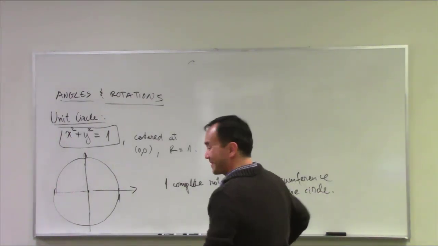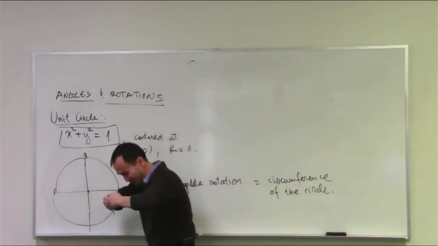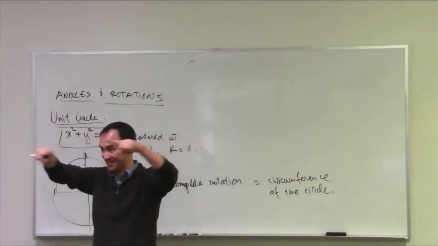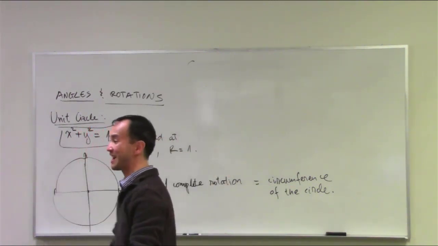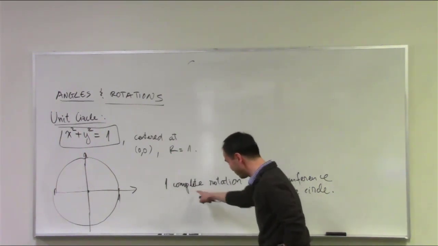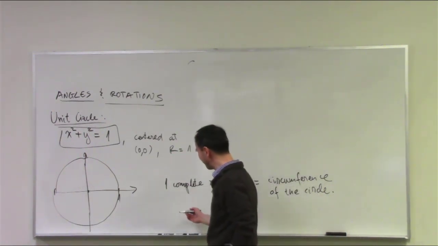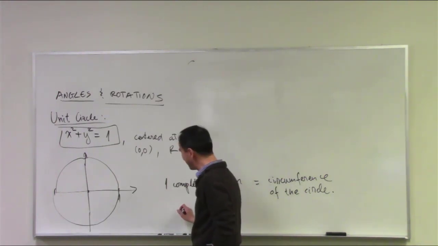Because think about this: the circle, when you draw it, has length. If you straighten it out, that's how far it goes around the circle. We call it the circumference of the circle. So one complete rotation is the circumference of the circle. Now I need you guys to remind me what the formula is for calculating the circumference of a circle.